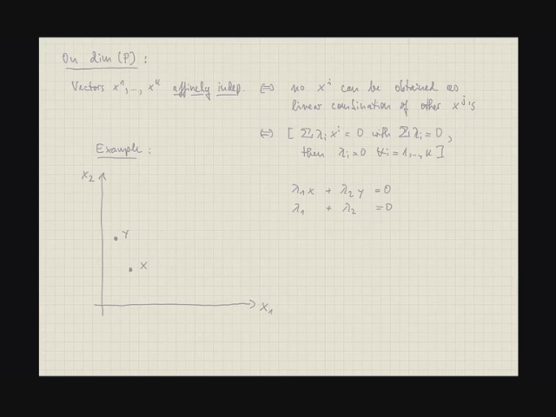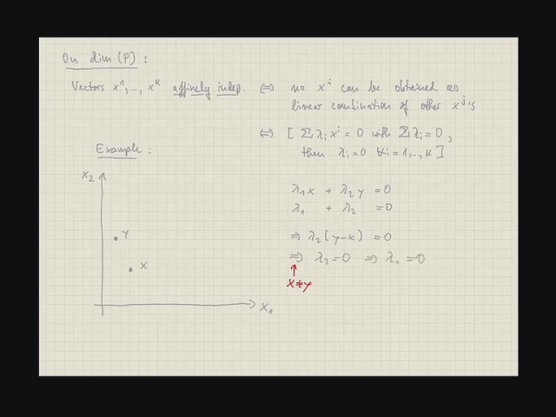So obviously here lambda 2 is minus lambda 1, so we obtain that lambda 2 times (y minus x) is equal to 0, and coordinate-wise this should be equal to 0. So because x is not the same as y, we immediately get that lambda 2 is equal to 0, and hence also lambda 1 is equal to 0.